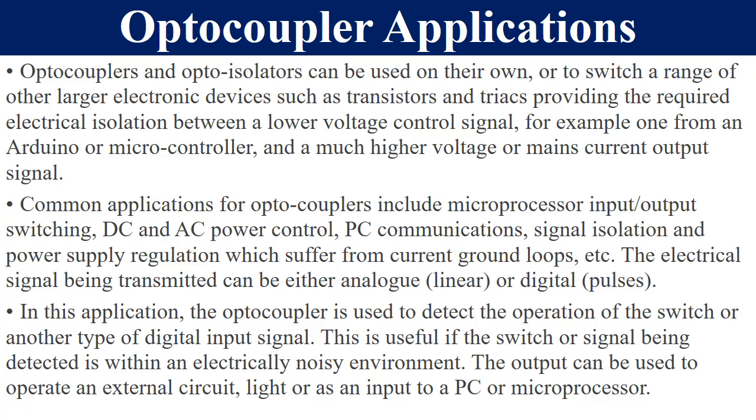Some common applications include microprocessor or microcontroller input and output switching, DC or AC power control, personal computer communications with signal isolation, and power supply regulation. Yes, in switched mode power supplies they are used regularly. Then I think that is it.